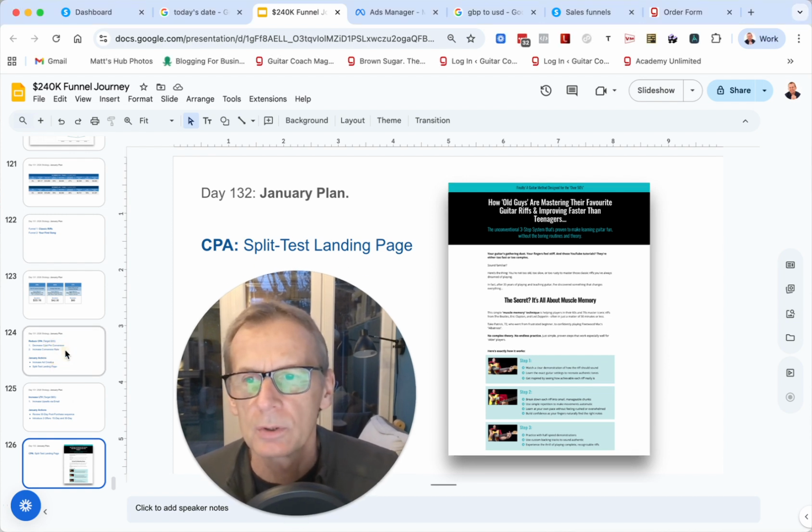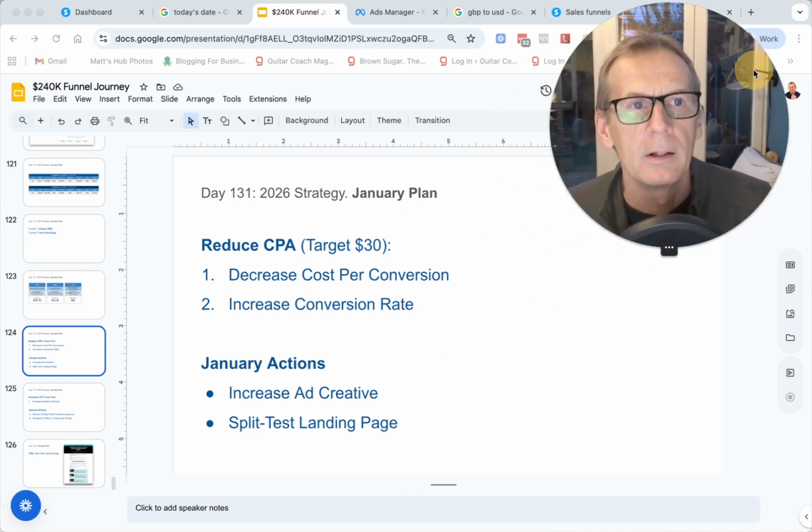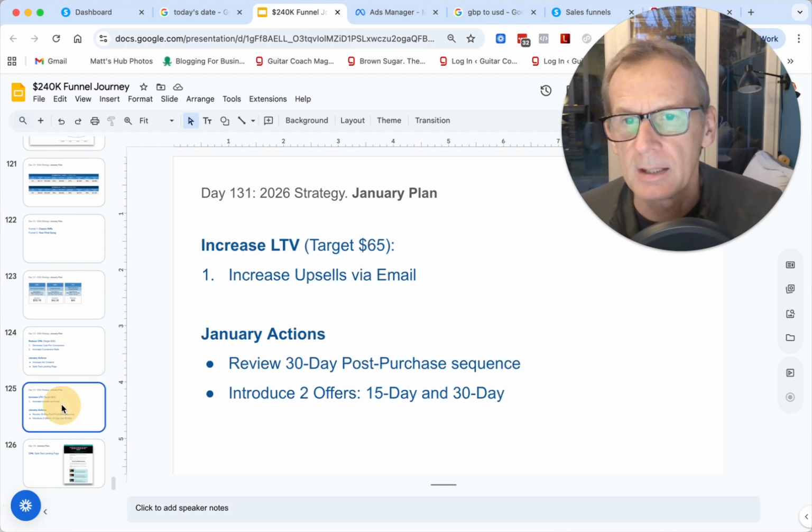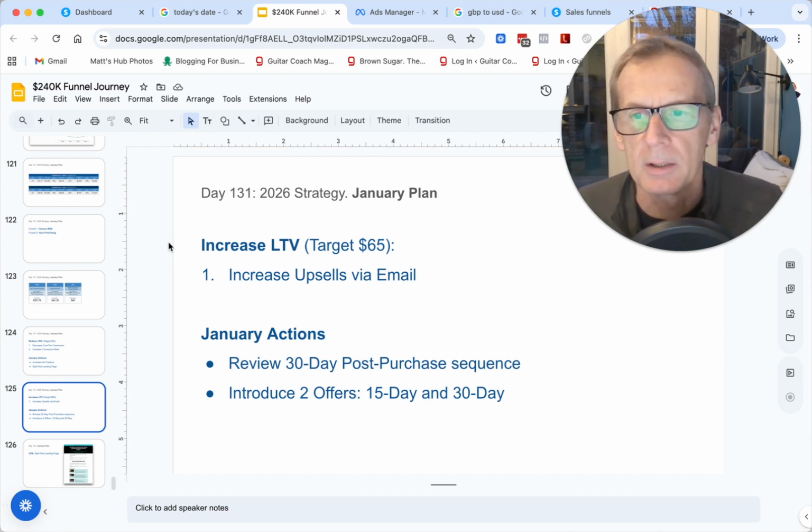Yesterday I talked about the two areas that I'm going to look at this month. One was trying to reduce that cost of customer acquisition. And the second thing was increase that lifetime value, or the 60-day return on investment.